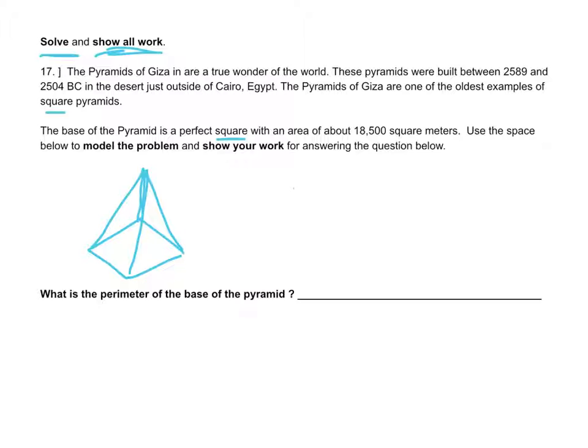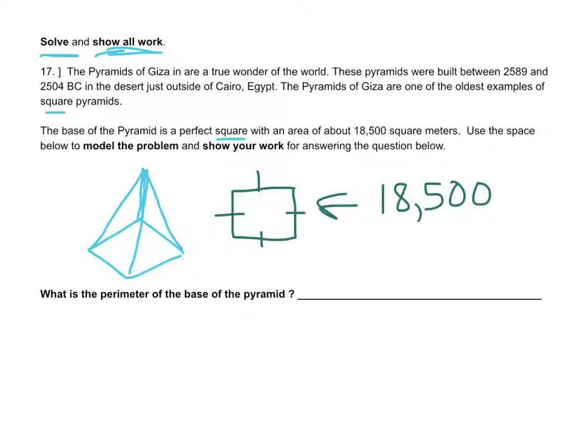So that's a square, so I'm just going to try to draw as close as I can a square base. The base of this is 18,500, the area of that base. So we're looking for each side length, because I looked ahead and it says what's the perimeter of the base.